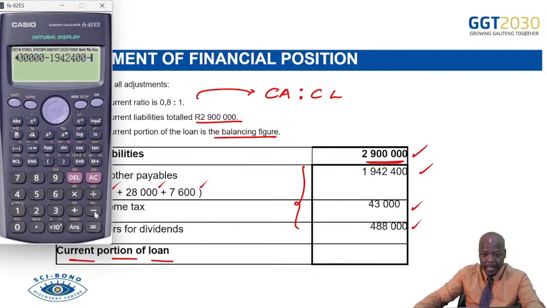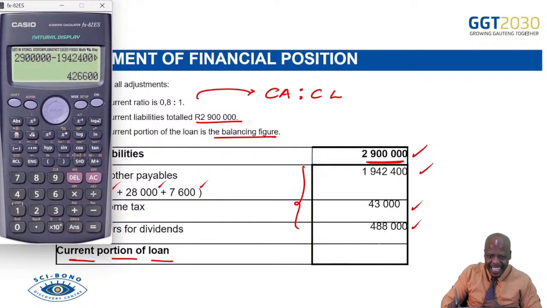Then I say minus again, minus 43,000, and then minus again 488,000. Okay, how much would that give me? That would then give me 426,600. So that is my current portion of loan.